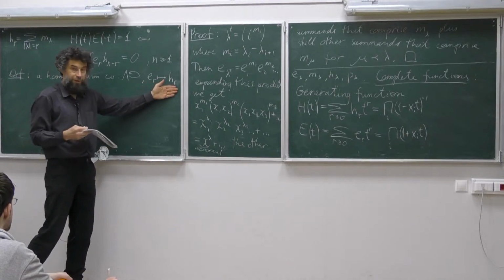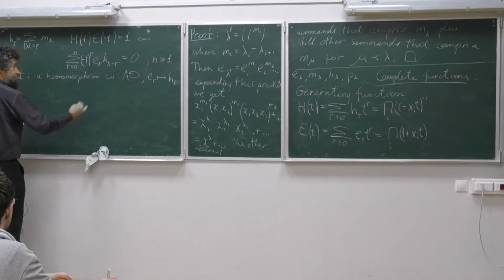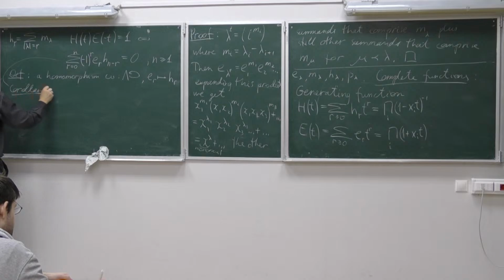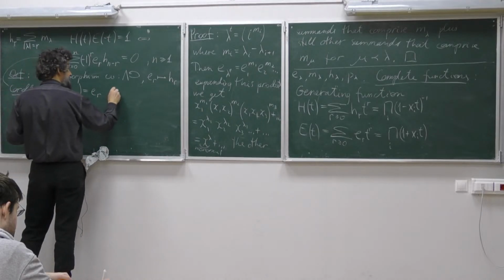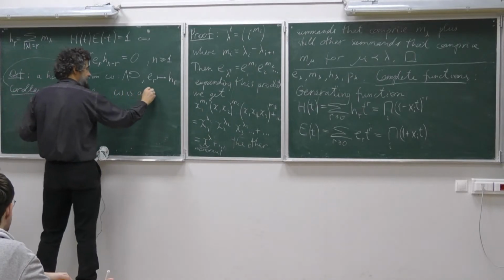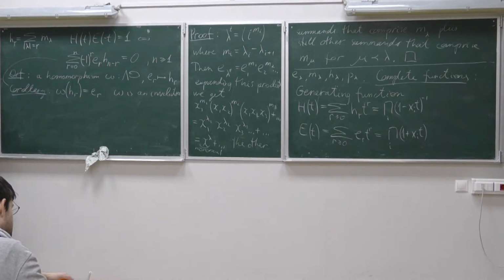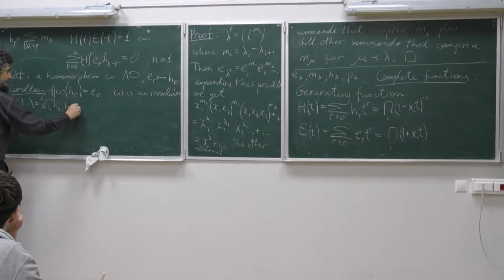And we choose it this way. But then because of this relation, which is symmetric in E and H, it follows that omega of h_r is e_r. So in fact, omega is an involution. And the other thing is that lambda is the free polynomial ring in h1, h2, and so on.